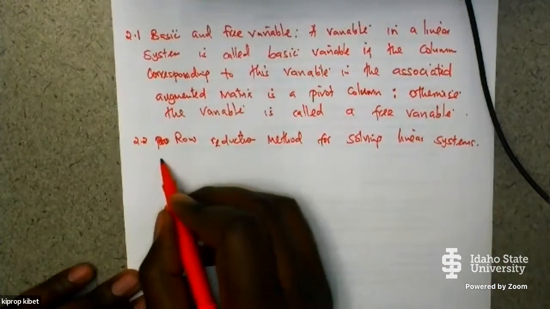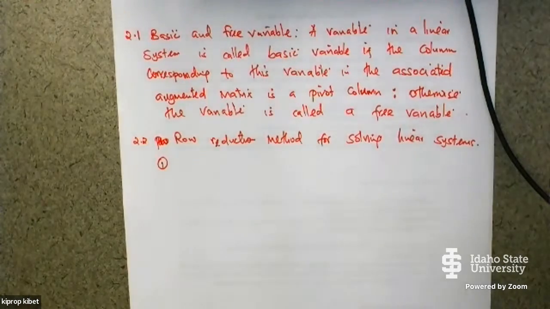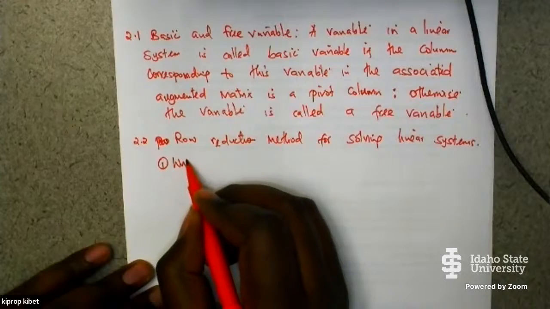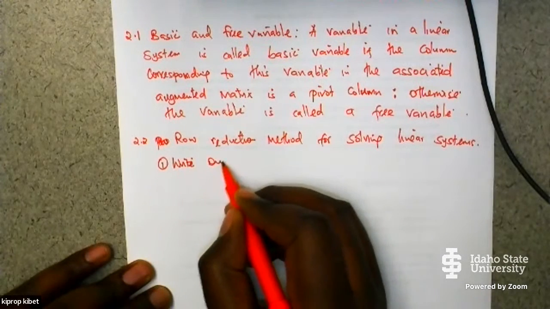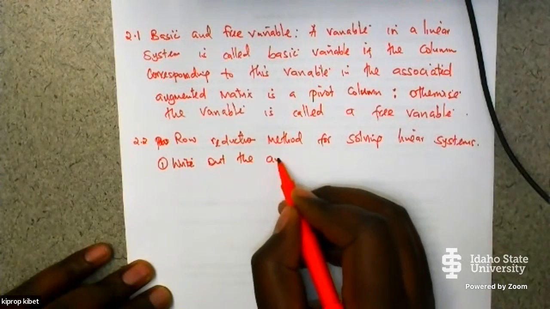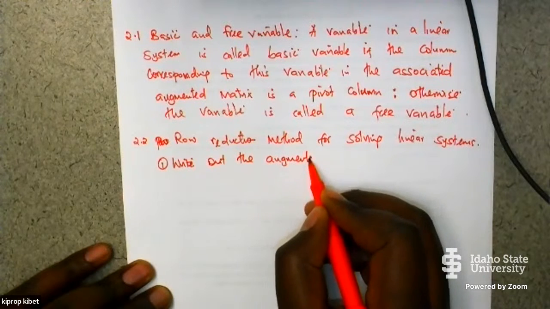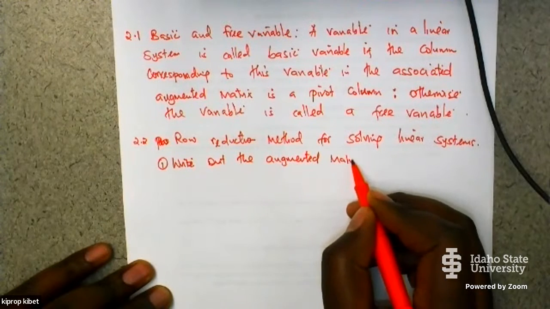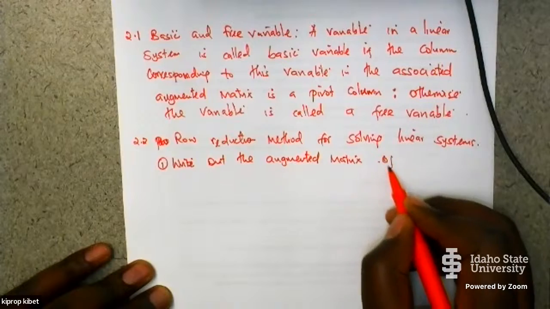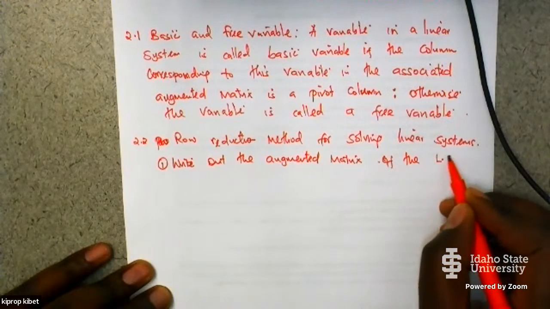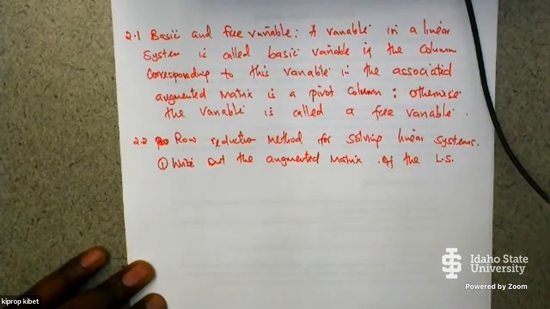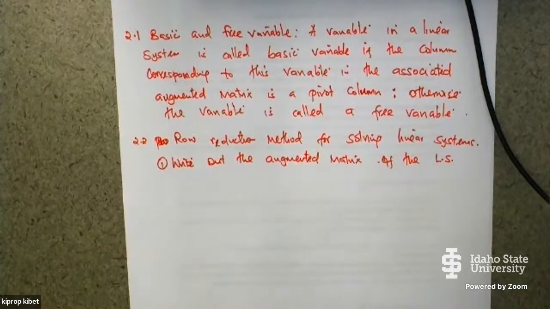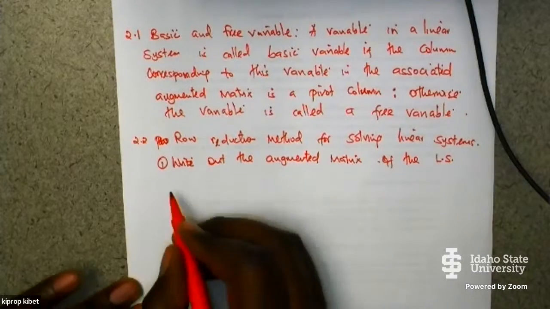Number one, you need to write out the augmented matrix of the linear system. That is what we have done in most of the examples.